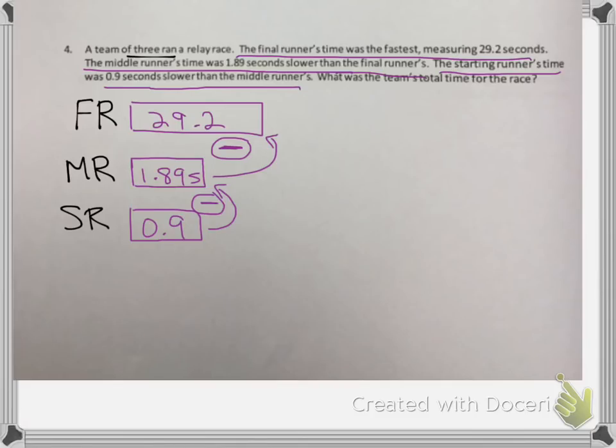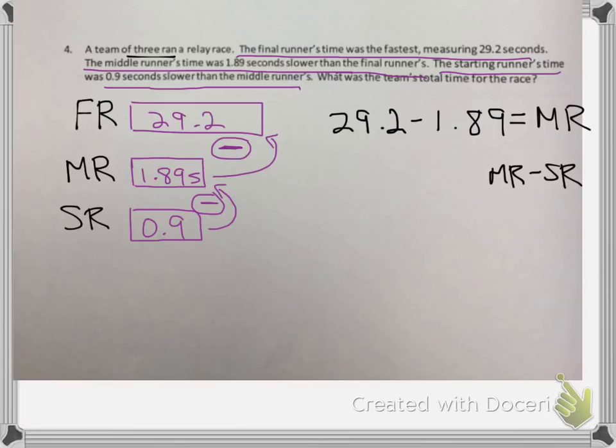So what you need to do is subtract. You have 29 and 2 tenths, and you need to subtract 1 and 89 hundredths to find the middle runner's time. Okay, and then whatever the middle runner's time is, you're going to subtract that with the starting runner's time, or 0.9, and you will find the starting runner's time.